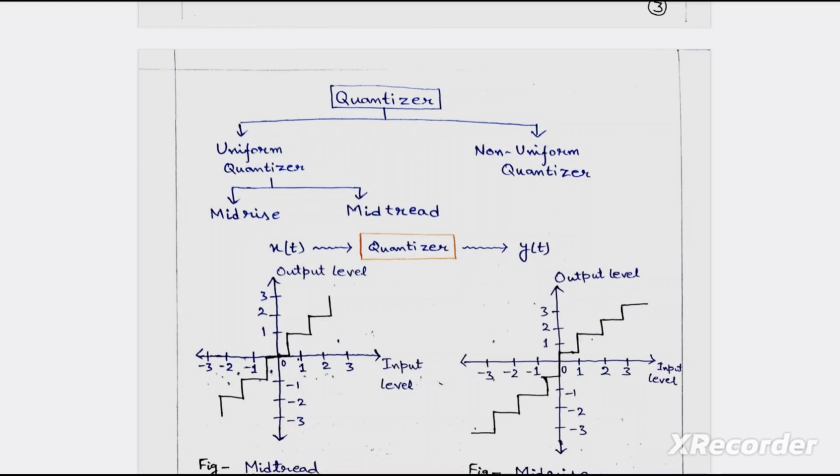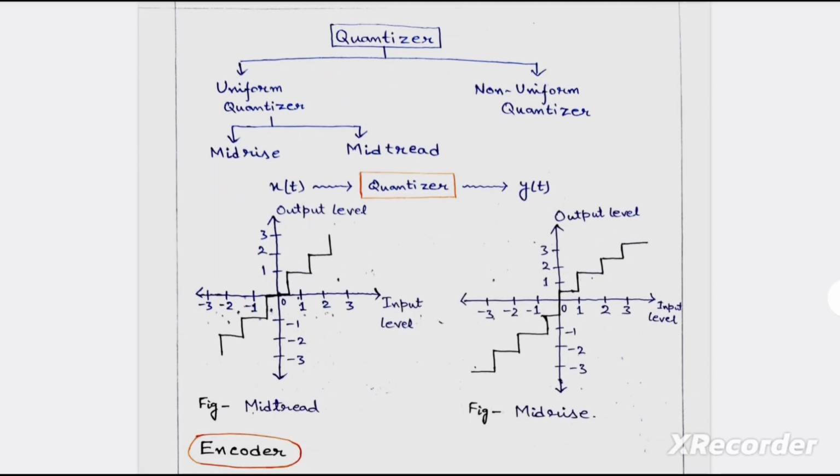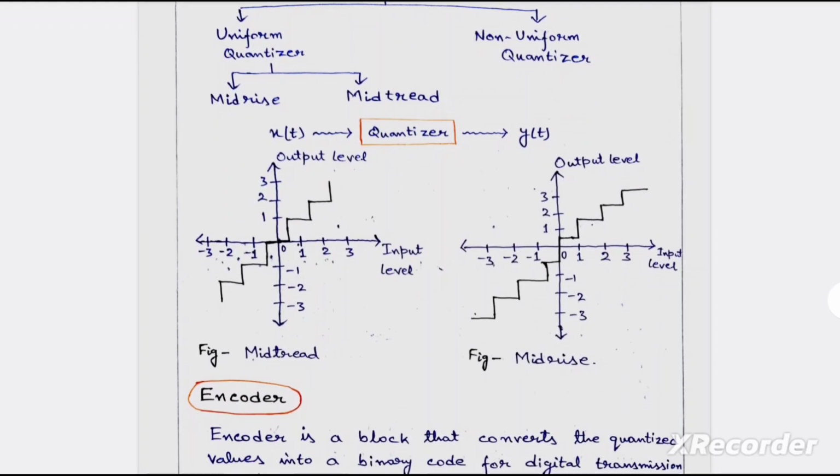Further, the uniform quantizer can be divided into two categories: mid-tread and mid-rise. Here we can clearly see the input-output characteristics of mid-tread and mid-rise.